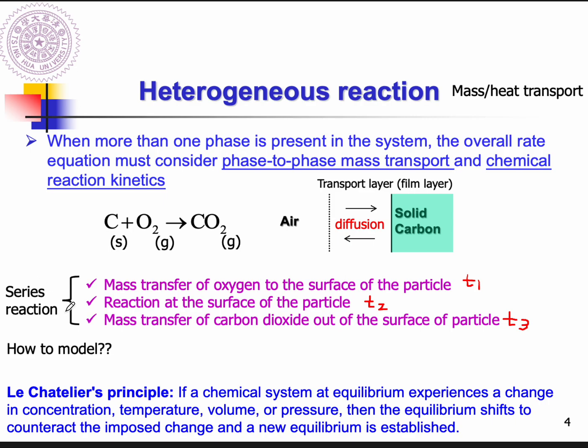So when you want to estimate the overall time, it will be T1 plus T2 plus T3. My question is how to model this kind of series reaction and tell which process is the rate-dominant process, which one is faster and which one is slower. As long as you know, in a series reaction the slowest one always dominates the overall rate equation.